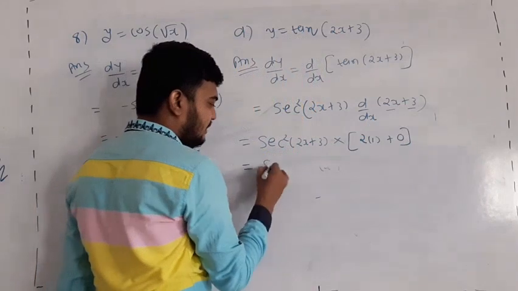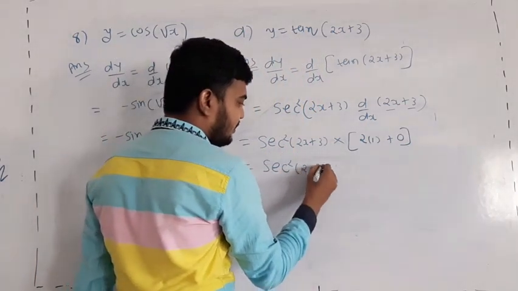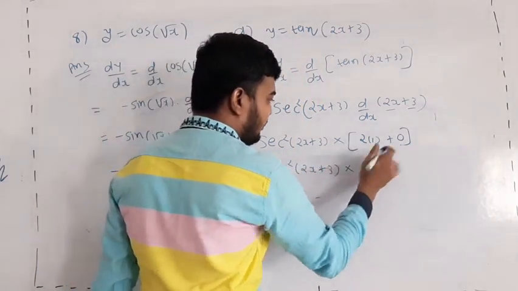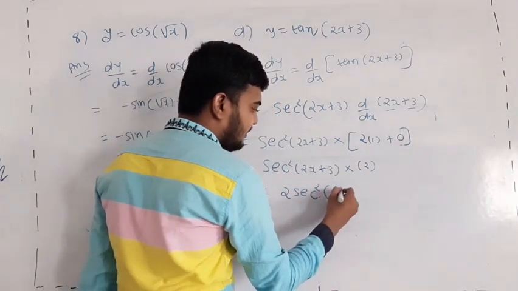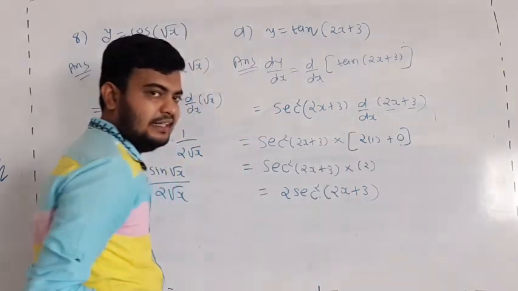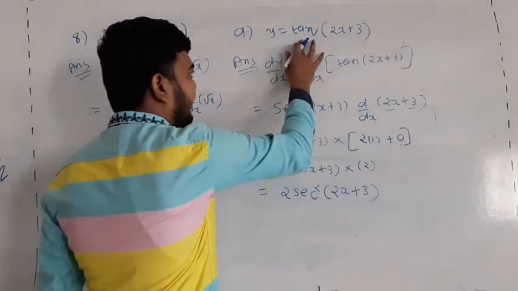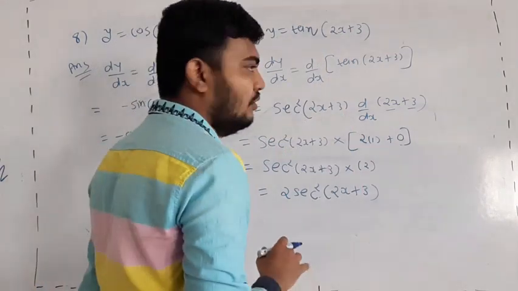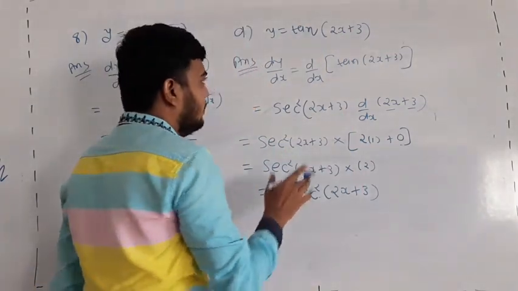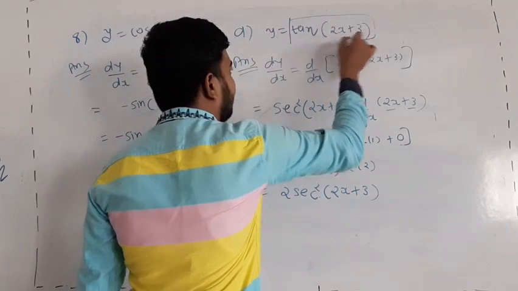So the final answer is sec square 2x plus 3 times 2 plus 0, which becomes 2 sec square 2x plus 3. It is the derivative of tan of 2x plus 3. I hope you are now able to differentiate any composite function.